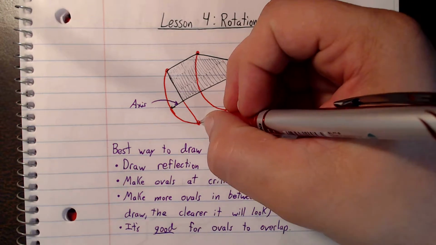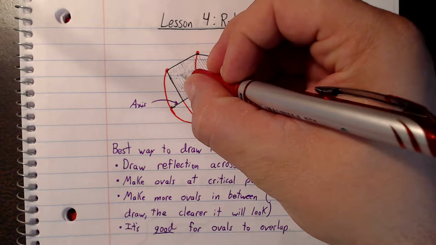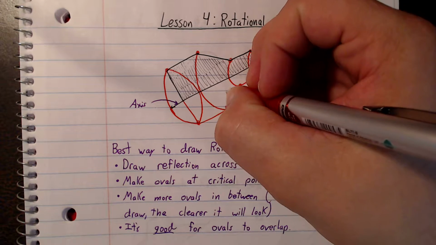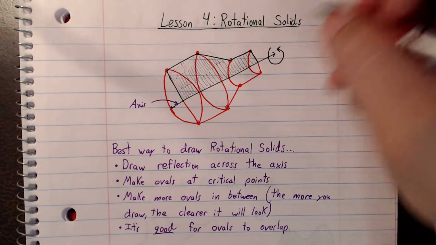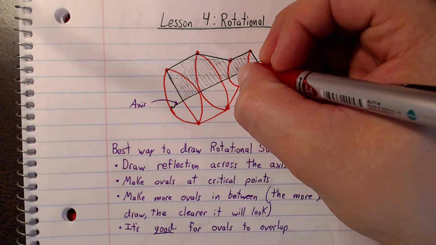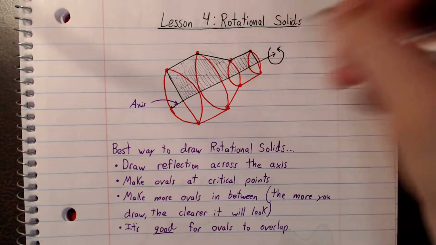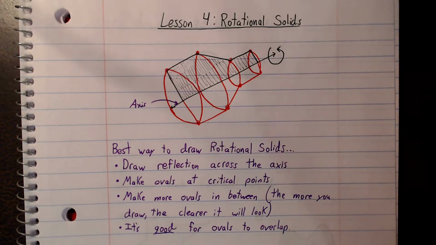So it's going to continue out like an oval and then start coming back in. It's okay for them to be pointy. It actually kind of adds to the 3D look. Okay, so that's how those things will be drawn.